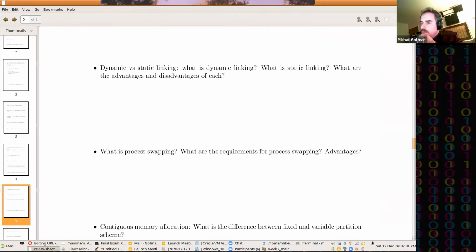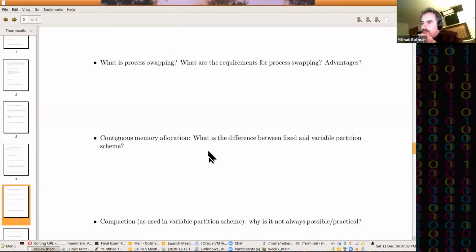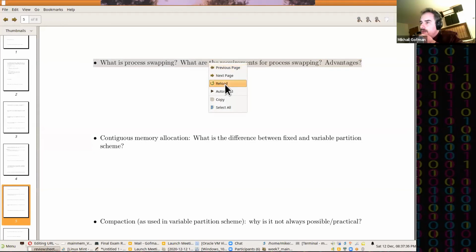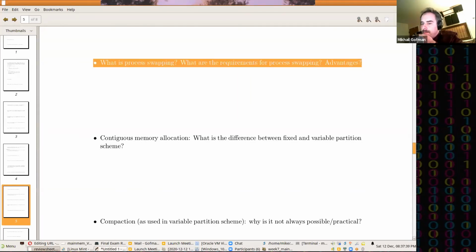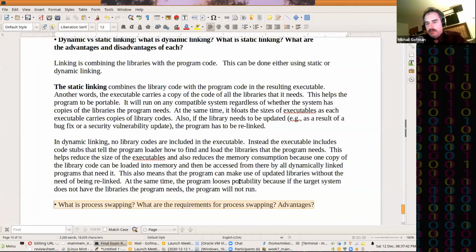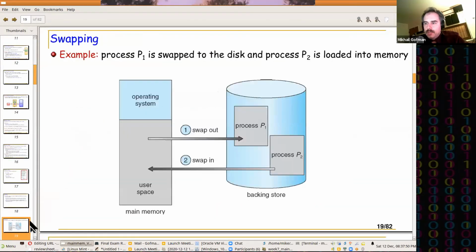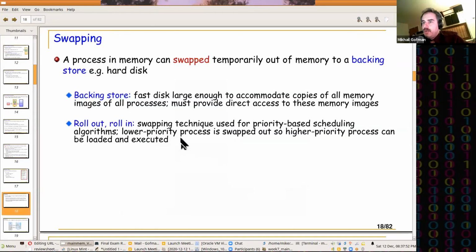All right. So, and then the next question asks us, what is process swapping and what are the requirements of process swapping? Okay, so let's talk about that. So process swapping basically refers to temporarily swapping the process onto the disk from the memory in order to free the memory for the current processes or the new processes.